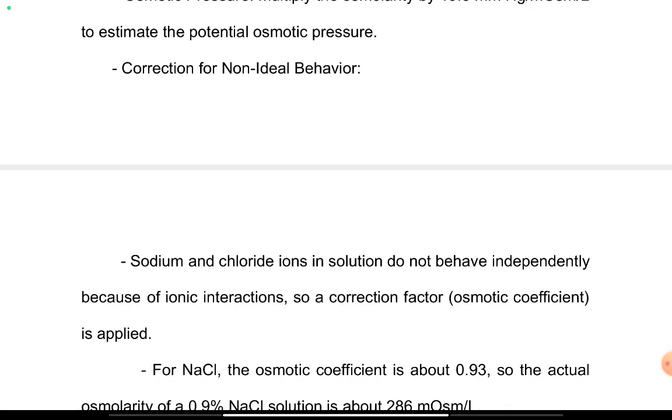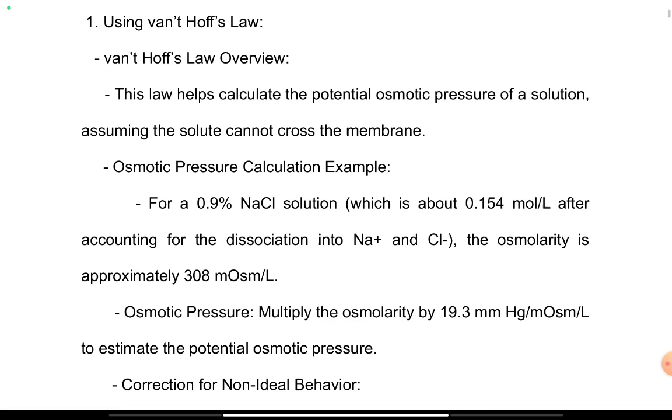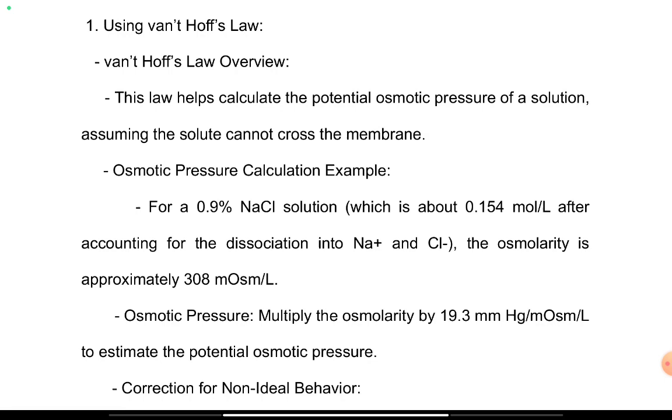So when you multiply 0.93 with the 309 milliosmol per liter, you get a new, lesser value because of the interionic correction, which is about 286 milliosmol per liter. This is more of chemistry. For the chemistry lovers, I'm sure you are aware of Van't Hoff's law, which is what this talks about.